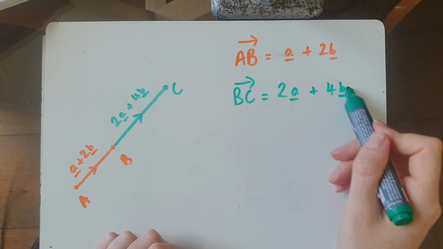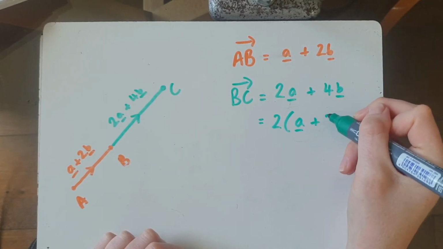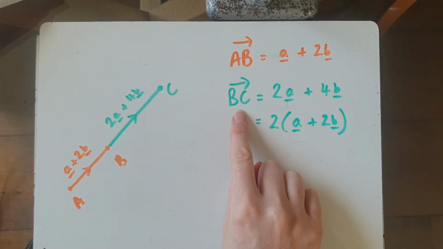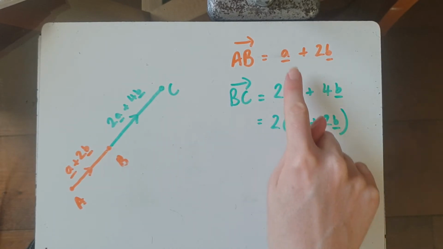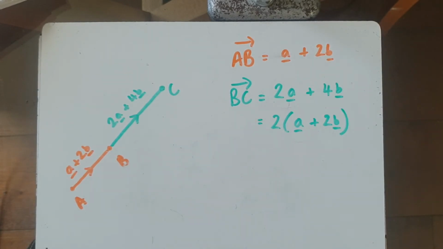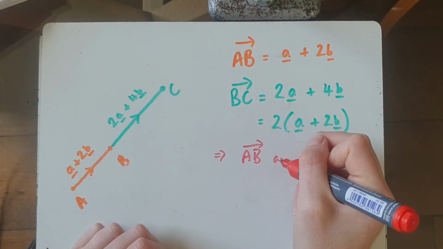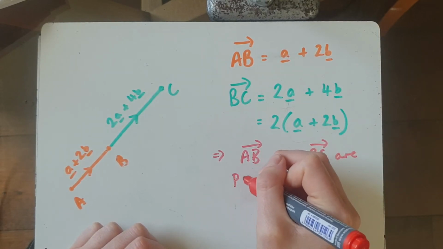The first one is that we can factorise out 2. And now we can see that BC must be parallel to AB because it is a multiple of a plus 2b. So AB and BC are parallel.